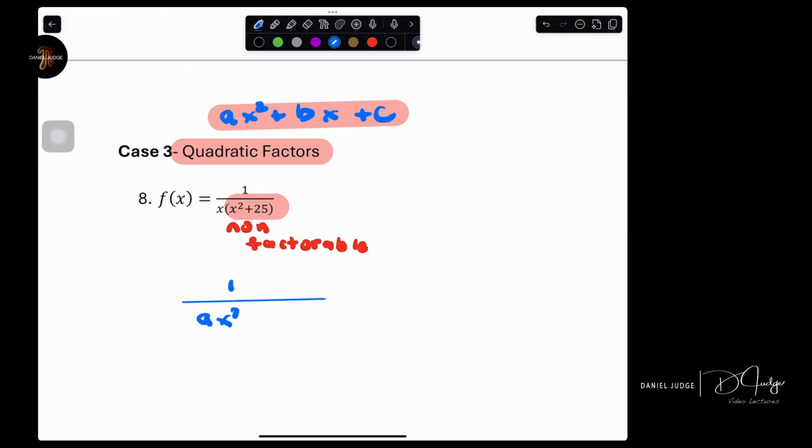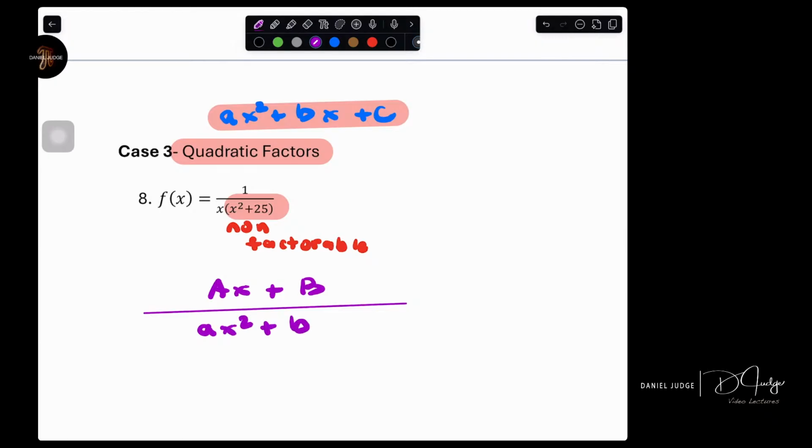every one of those you're going to replace it with, I think we're using purple, with ax plus b over the quadratic factor of ax squared plus bx plus c.